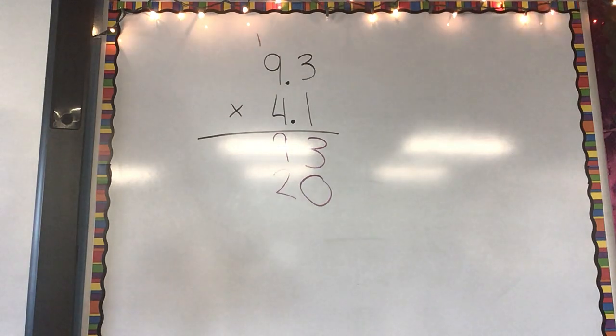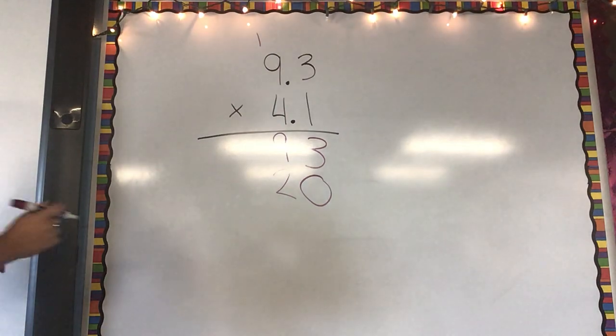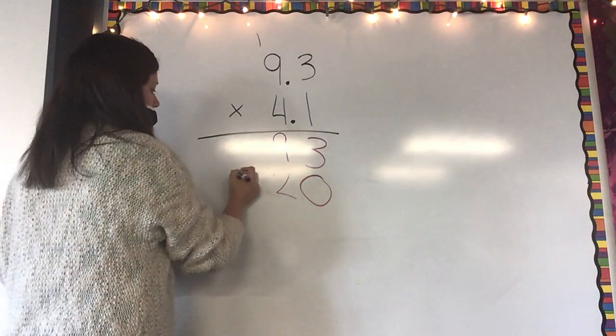I heard 32 and 36. 36. 36 is 4 times 9. Plus 1 is? 37.